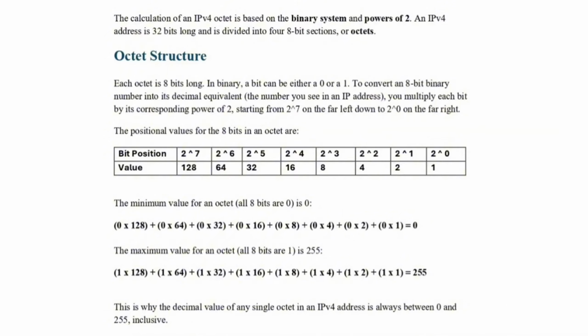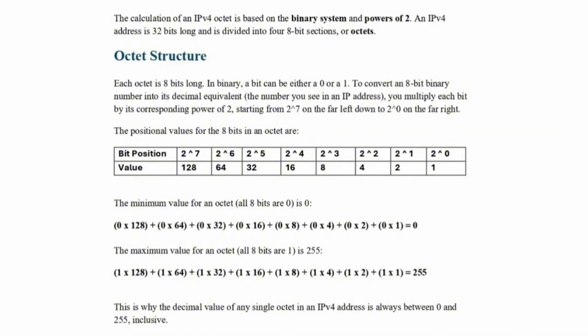The minimum value for an octet is when all 8 bits are 0. So the minimum value of each octet in an IPv4 address is 0, and the maximum it can be is 255. As an example, 0 into 128 plus 0 into 64, and so on until 0 into 1, all calculated equals 0.